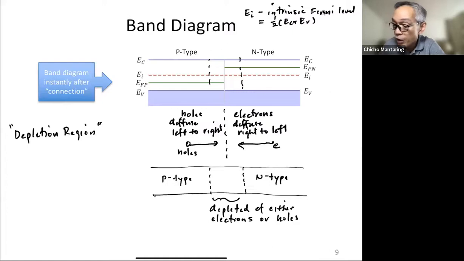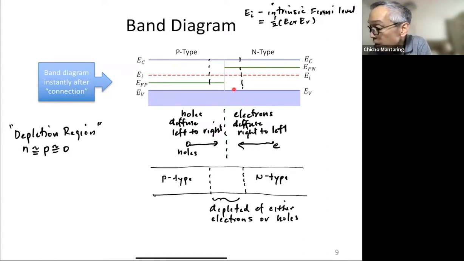In the depletion region, N is approximately equal to P, which is approximately equal to 0. Okay. Kung yung electrons dito pumunta dito, no?